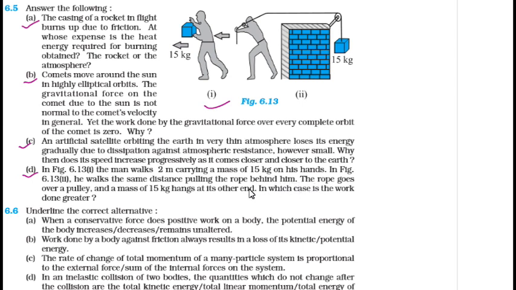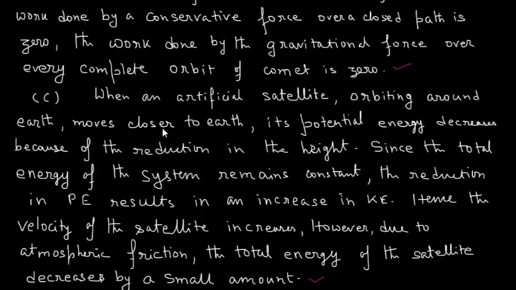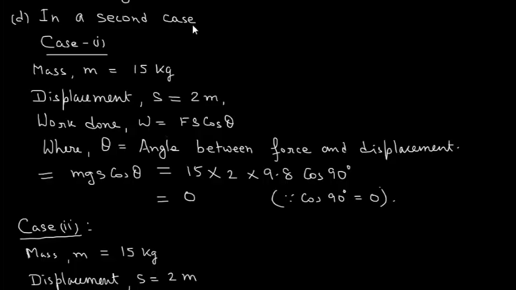The rope goes over a pulley and a mass of 15 kg hangs on the other end. In which case will the work done be greater? Answer is, in the second case. Why? The explanation is given below.